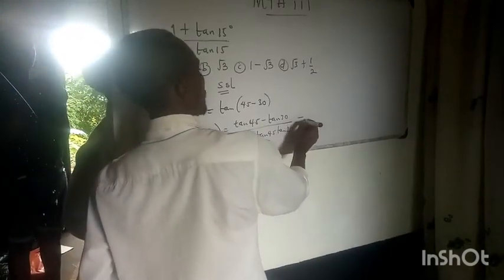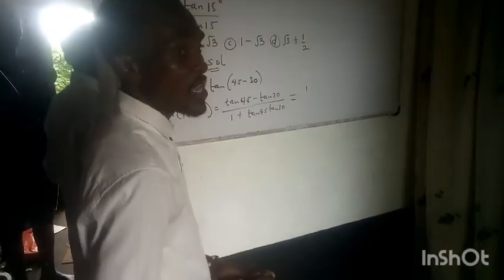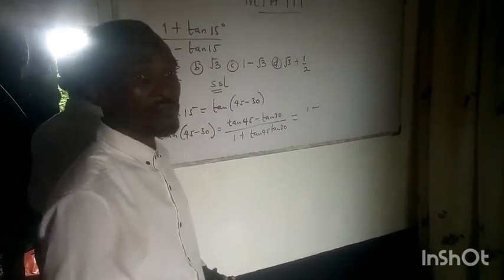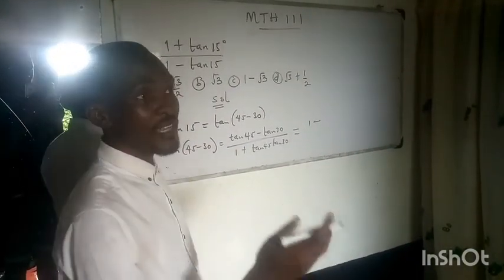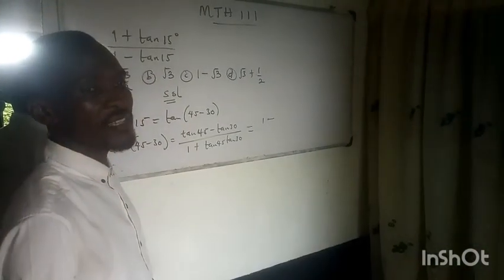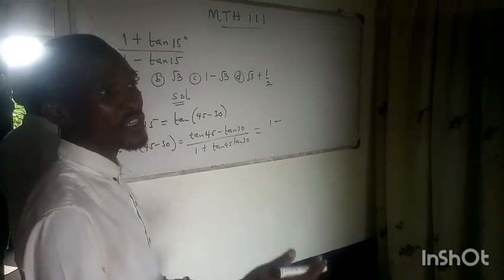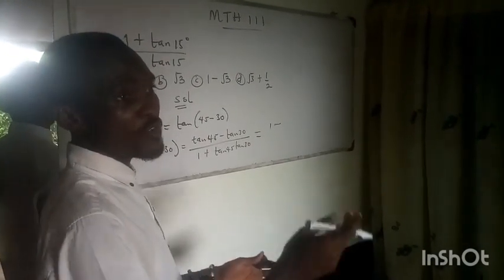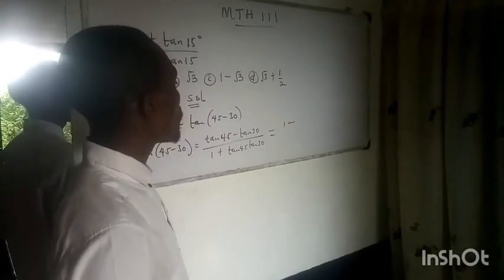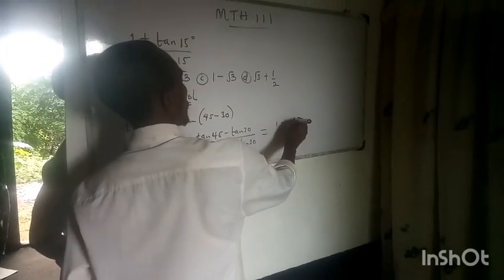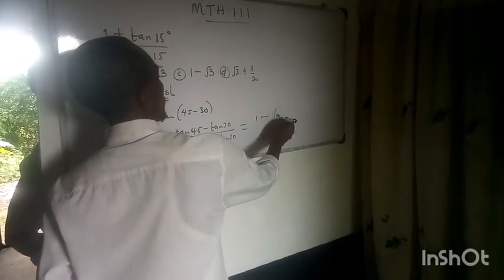Tan 45 is simply 1. And what is tan 30? Tan is sine theta over cos theta, and sine 30 is 1 over 2, while cos 30 is root 3 over 2. So definitely we'll be having 1 over 2 times 2 over root 3. So that gives us 1 over root 3.